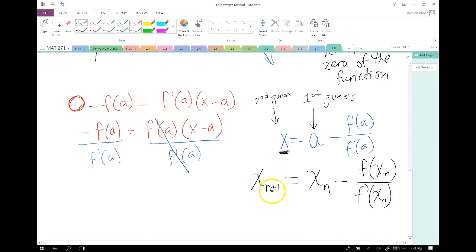So the new x is equal to the old x minus the function value at the old x divided by the derivative of our function value at the old x. And we got this formula just by solving our tangent line for its x-intercept.